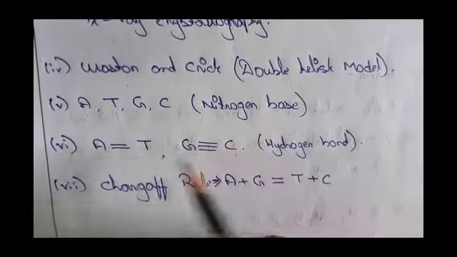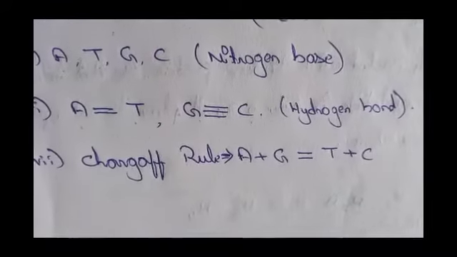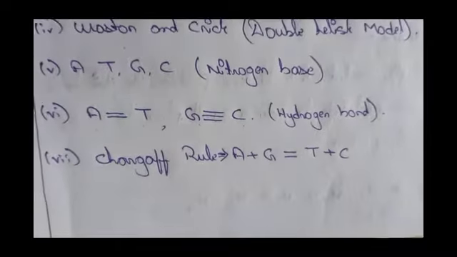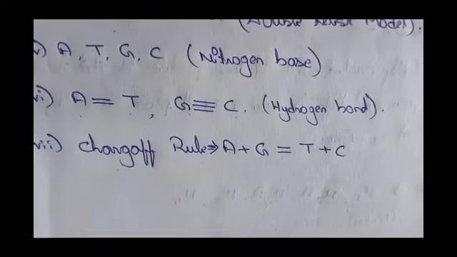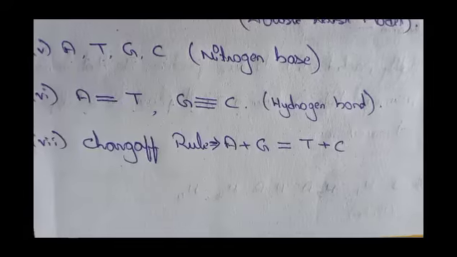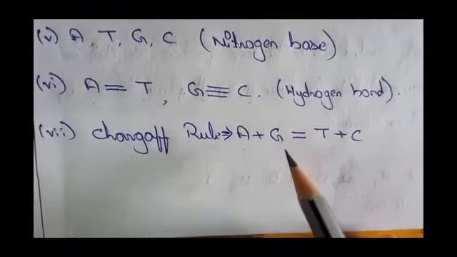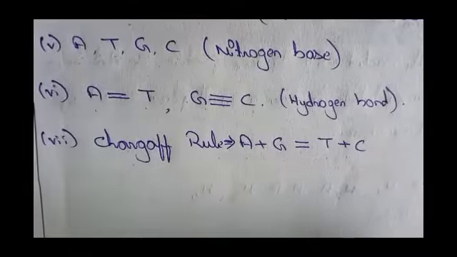These are the hydrogen bonds by which the nitrogen bases are connected to each other. This is Chargaff's rule: purine equals pyrimidine, meaning adenine plus guanine is equal to thymine plus cytosine.